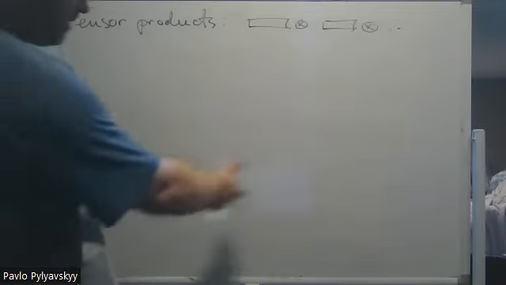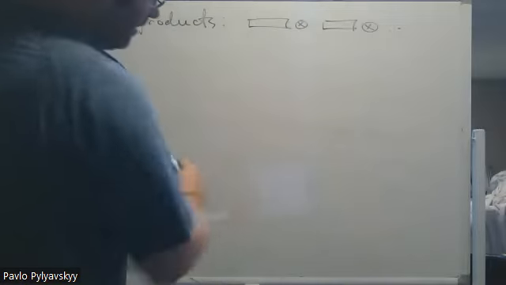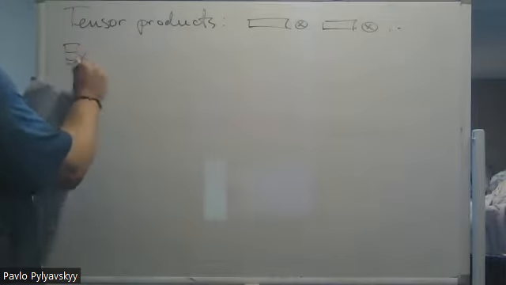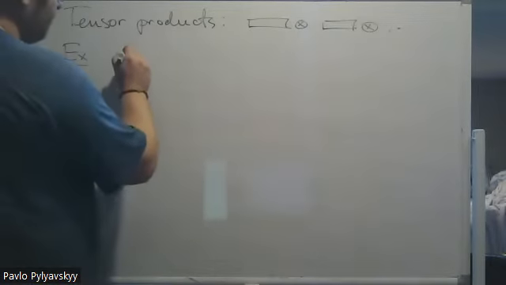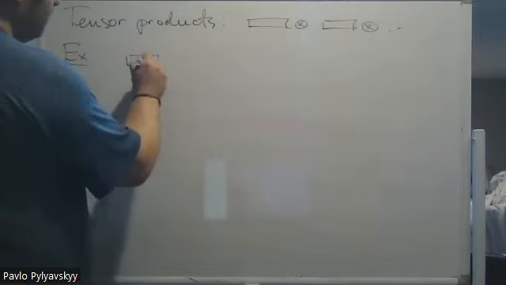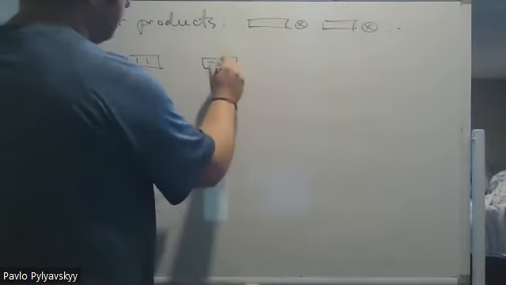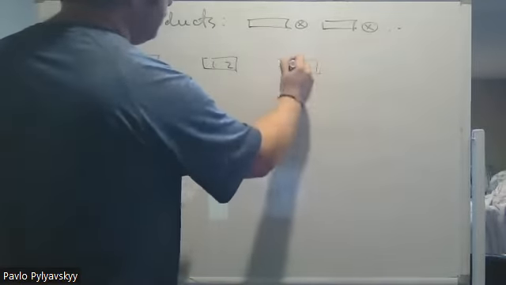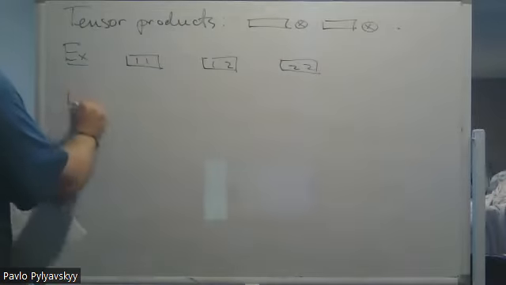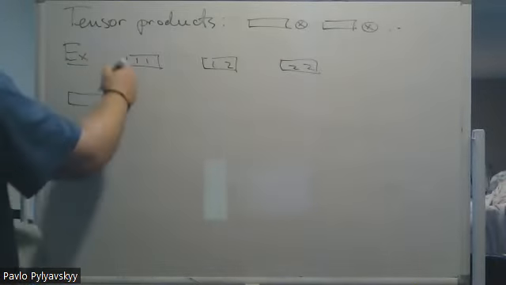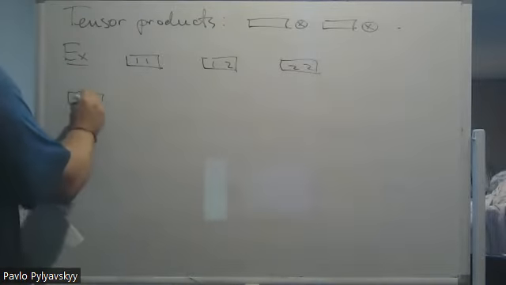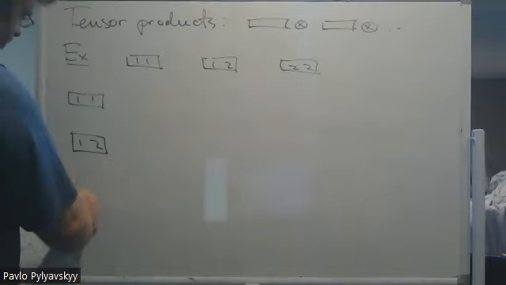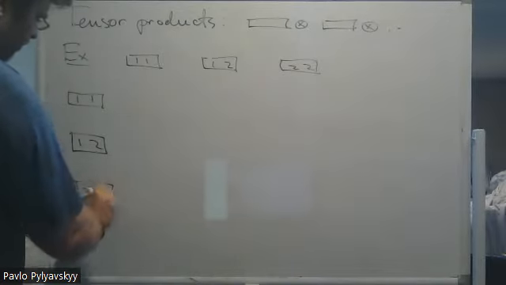Let's take the crystal I just had on the board, with 3 vertices, and let's tensor it with itself. Here's a copy. Sorry, this should be 1 2, and this is 2 2, and similarly here. This will be my first copy of this crystal. This is the second: 1 1, 1 2, 2 2.